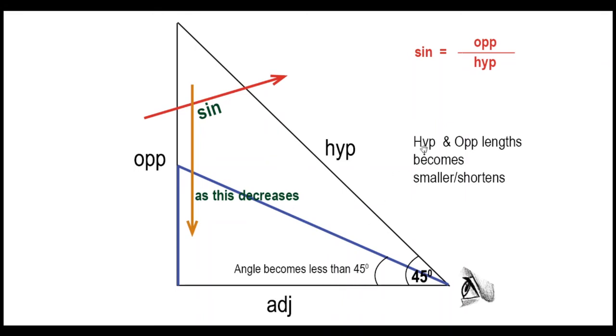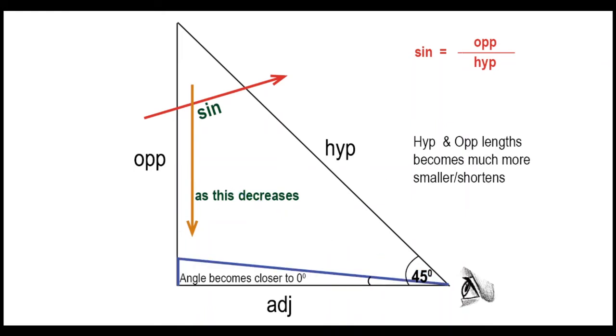And at the same time, hypotenuse also getting reduced and the opposite also getting smaller. As it comes closer to the adjacent line, angle becomes closer to 0 and hypotenuse becomes equal to adjacent and opposite is nearing 0.